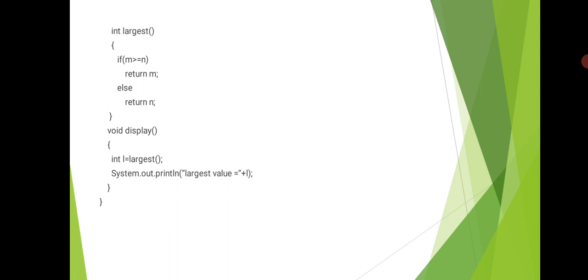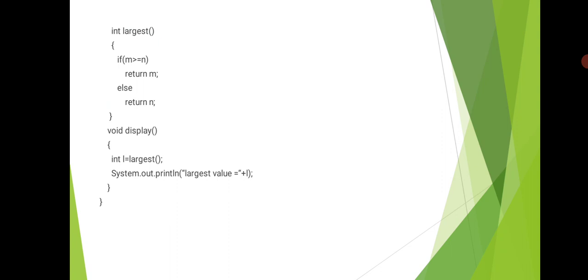So one member method called inside another member method of the same class is called nesting. The definition tells us that a method called inside another method using the same name, without an object name and dot operator, is nesting of methods.